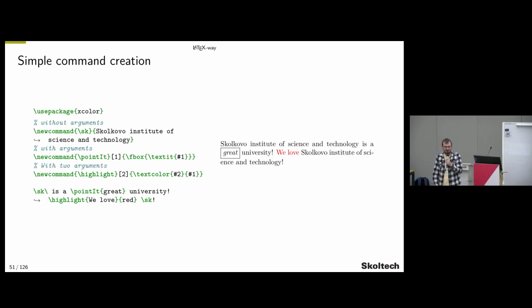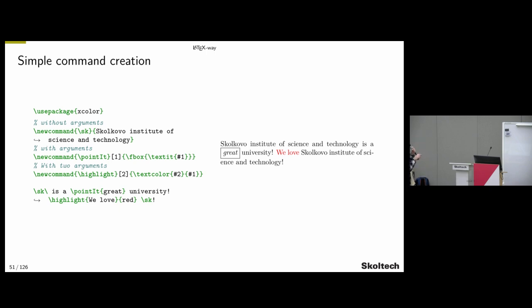The simple command creation is like this: new command, the name of the command, and what this command does when it appears. So the command sk will transform to Skolkovo Institute of Science and Technology, as you see there. You can use it just as a shortcut. A command may have arguments, and you write it as 1 for one argument, 2 for two arguments, and this command just makes it an f box.